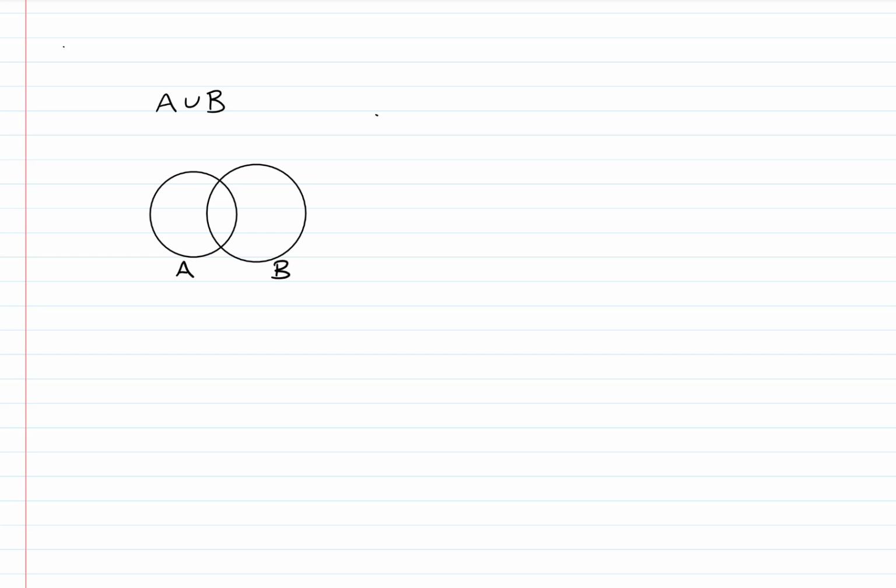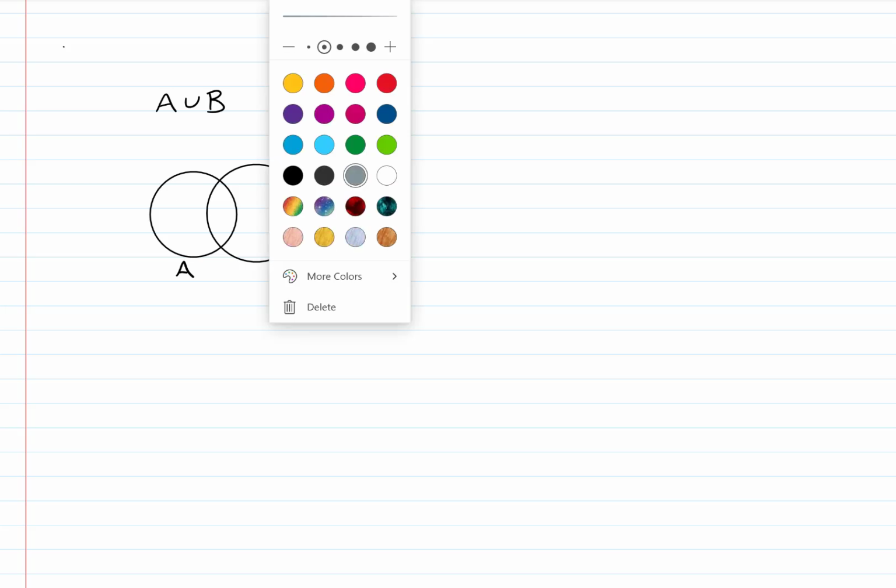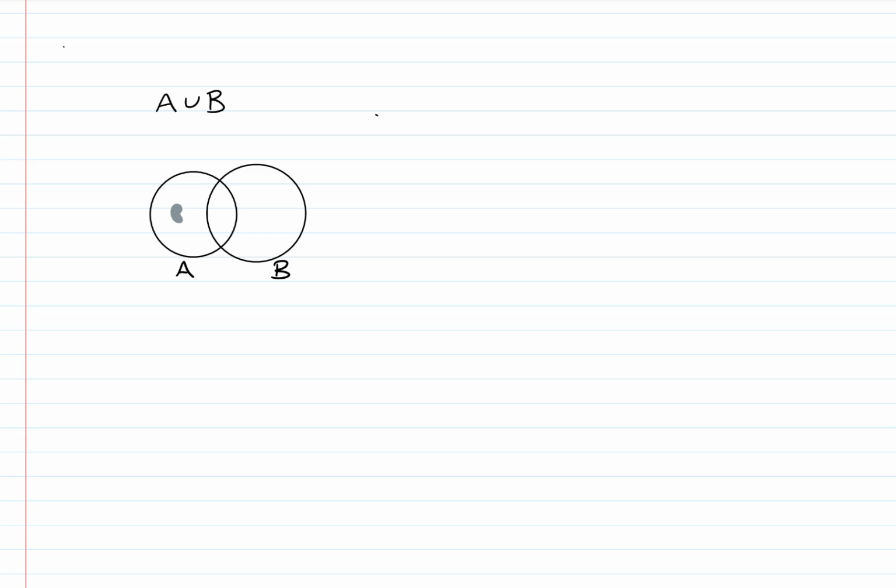And A union B is the set of all the stuff in A, so that would include all of this stuff, and also all the stuff in B. So that would be A union B. Usually we like to keep it where you can still see the lines for the sets. That's A union B.